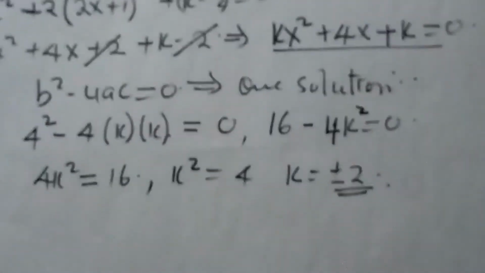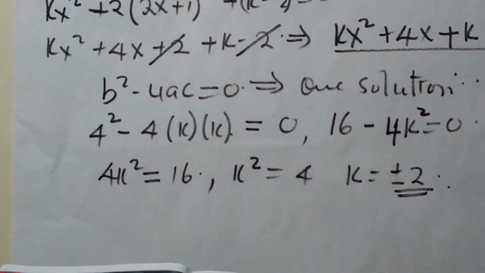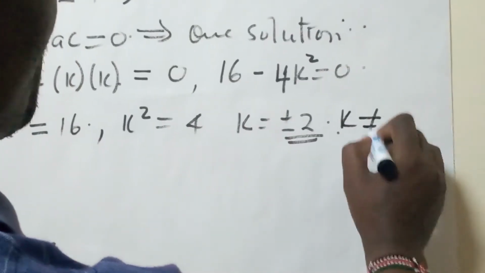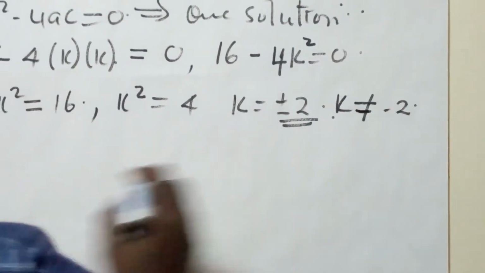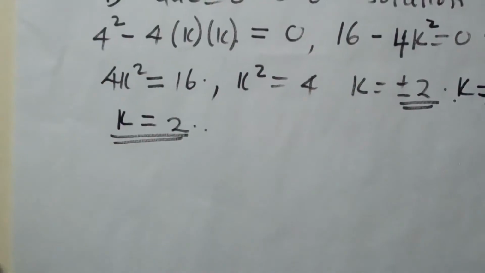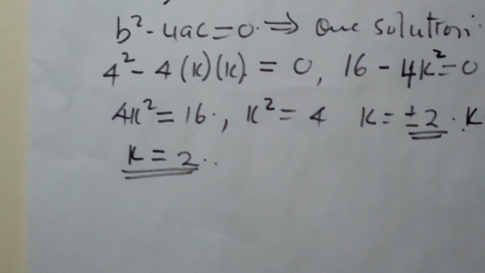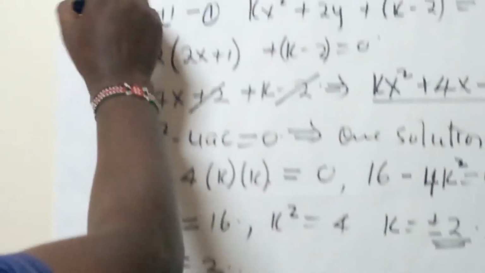Having said that, we are told in the question that k is a positive constant, so k cannot be negative 2. The only possible value of k is 2, because we are told in the question that k is a positive constant. That is part A of the question answered.